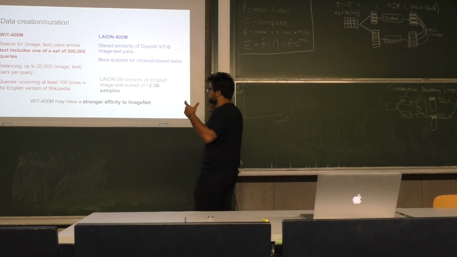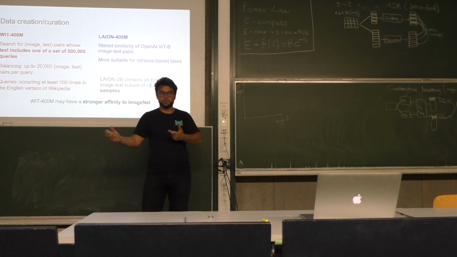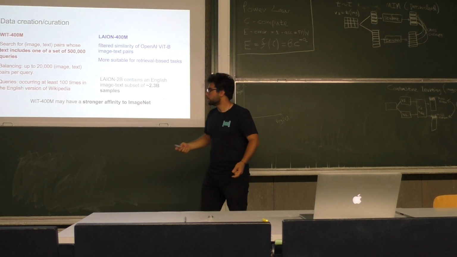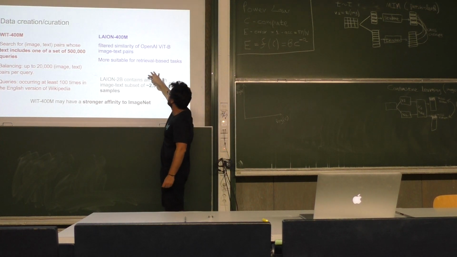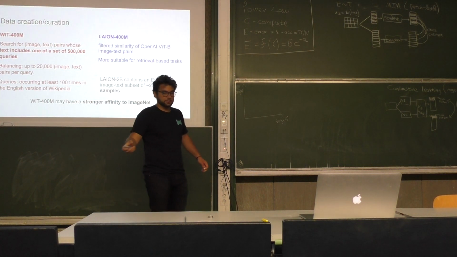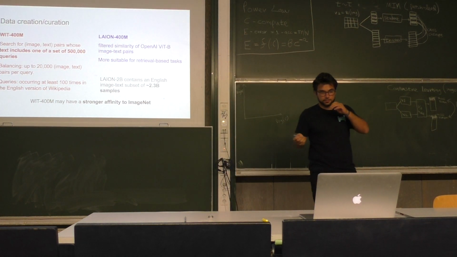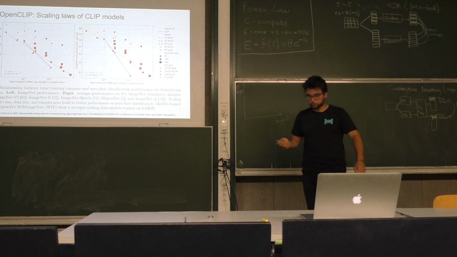So the data acquisition and curation already impacts the different downstream tasks. They argue that this one is more suitable for retrieval-based tasks, while this one is more suited for image classification. But let's see what's happening in different models and scales.